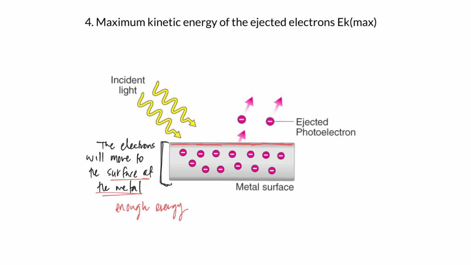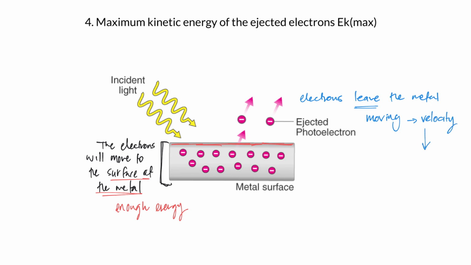Right? Once they have enough energy or they've got a lot of energy, they're going to be ejected. So the second part is that the electrons leave the metal. Now, the only way that they can leave the metal is by moving. And in order to move, they must have some sort of velocity.